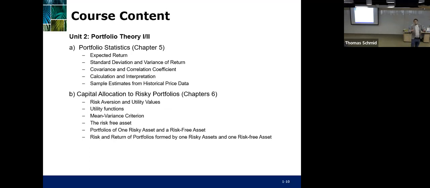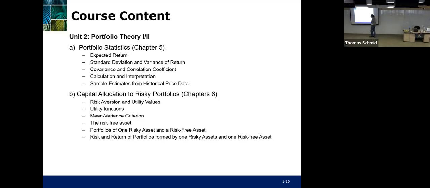So most of that should be not new. Standard deviation, variance, covariance, correlation. How do we calculate those things? And I will show it to you, especially in the context of portfolios. But the core concepts, you all know that. That's basic statistics.